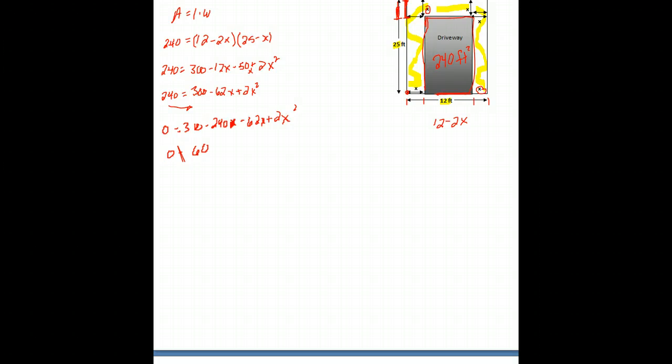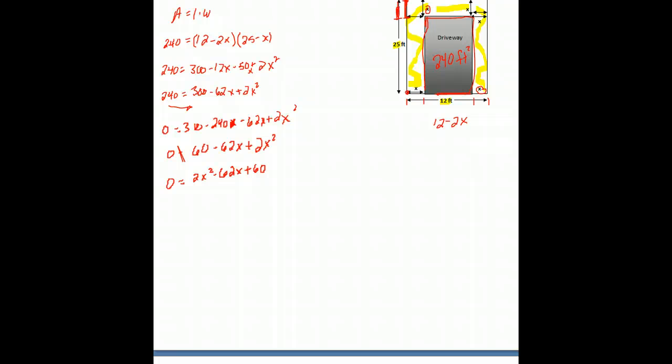So it's just 240. So 300 take away 240 is 60 minus 62x plus 2x squared. Now I'll write this the way you're used to seeing it, with the x squared term, then the 62x, plus 60. It won't make any difference to how it's solved, but you may find it easier to look at it this way. Now you could use the quadratic formula.